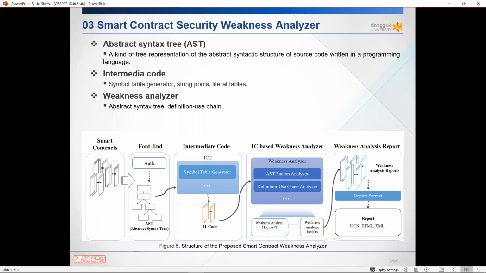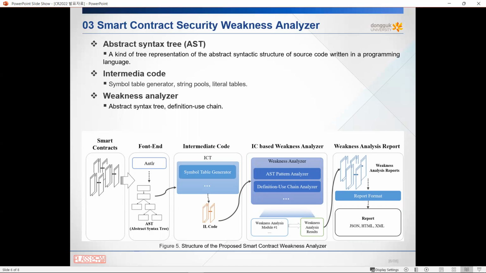Then, in the third part, I am going to talk about the smart contract security vulnerability analyzer. It has some components including a parser, abstract syntax tree (AST) generator, intermediate code generator, and vulnerability analyzer. An abstract syntax tree is a tree representation of the abstract syntactic structure of code written in a programming language.